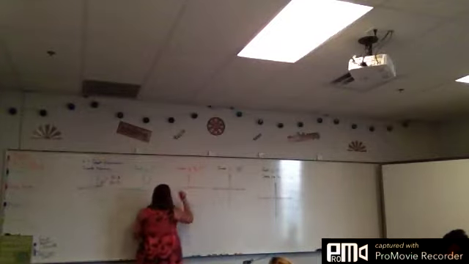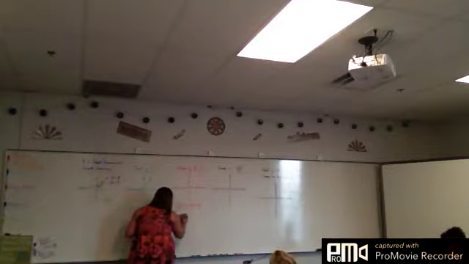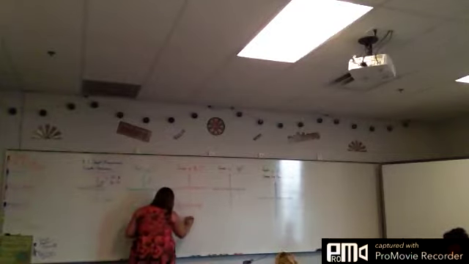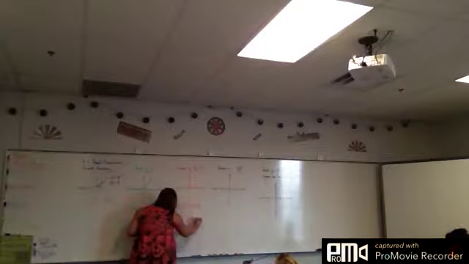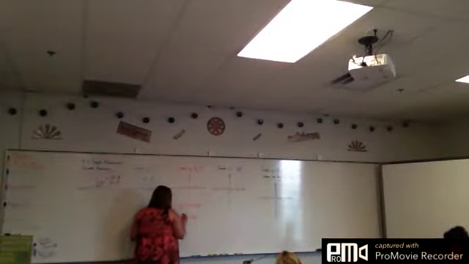When I plug in -2 this time, I have y equals 1/2 times 4 to the -2. What do I have to do here first? Flip it, so I get y equals 1/2 times 1/4 squared. What's 1/4 squared? 1/16.